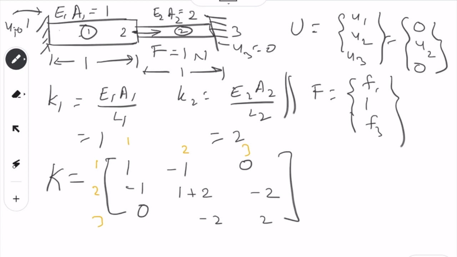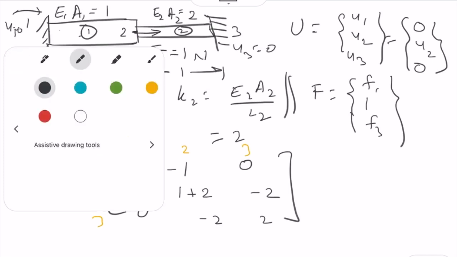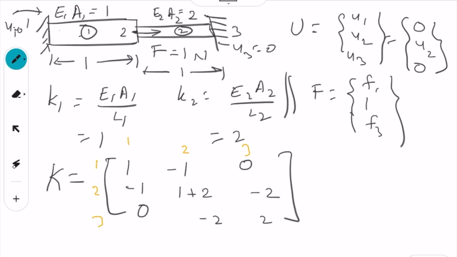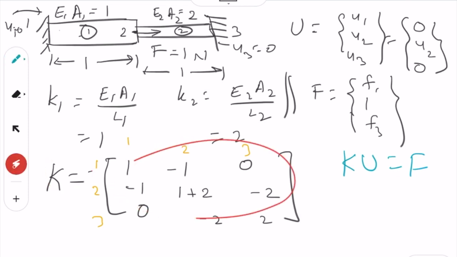Again, looking at it, we are going to multiply this row with this one. Why? Because finally we will have the equation to be solved, which will look like Ku equal to F, where K is this whole thing multiplied by U. If you see here, U has 0 here and 0 here, that means it is going to multiply by this and this also.